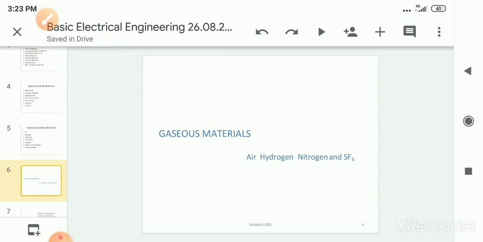The dielectric strength plays an important role in the selection of gaseous insulating material. The dielectric strength of these materials increases with increase in gas pressure, hence they operate under pressure in electrical apparatus.